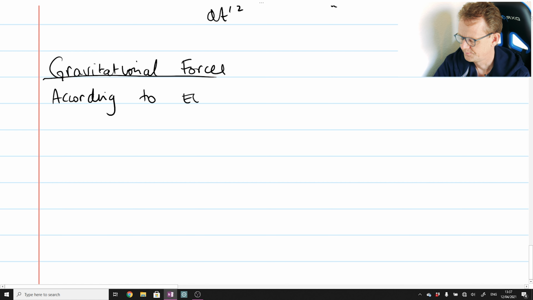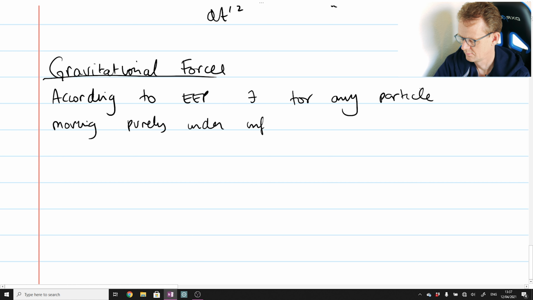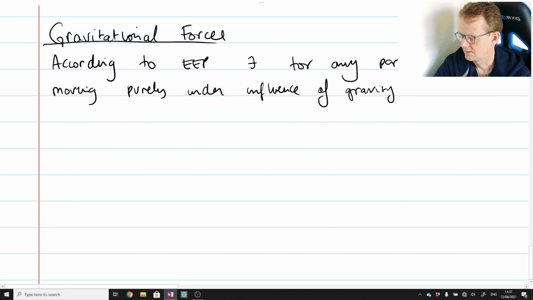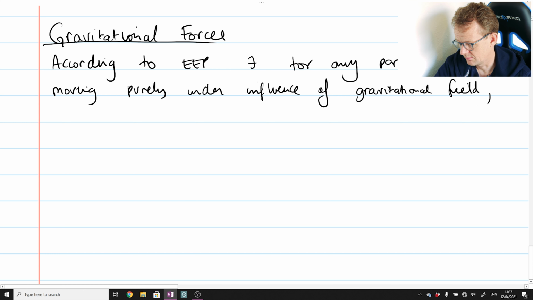So according to EEP, for any particle moving purely under gravity, or purely under the influence of a gravitational field, there exists for any such freely falling test particle a coordinate system according to EEP where you cannot detect the gravitational field at that point.